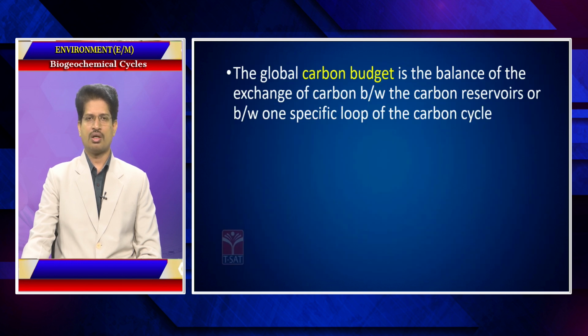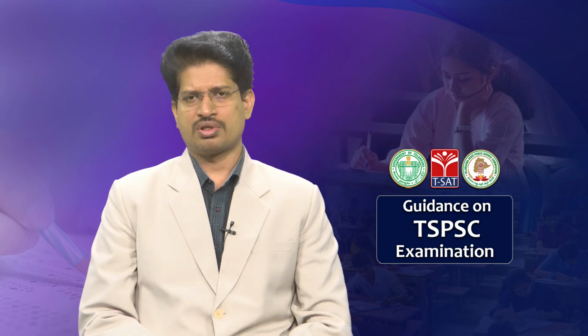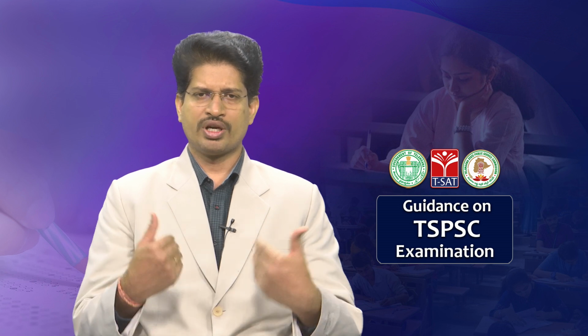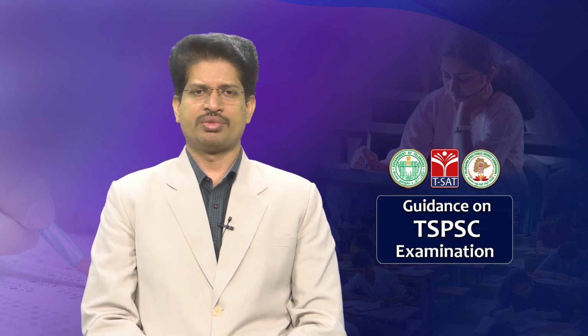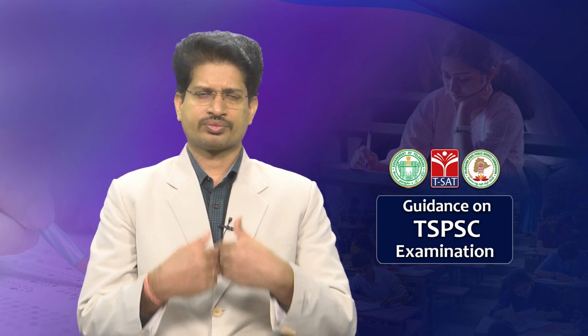The global carbon budget is the balance of exchange of carbon between carbon reserves or between one specific loop of the carbon cycle. So, you have got different carbon reserves. For example, the flora, all the plants have got abundant amount of carbon in terms of carbohydrates, etc. We are made up of certain molecules predominantly containing carbon, which is a carbon reserve.